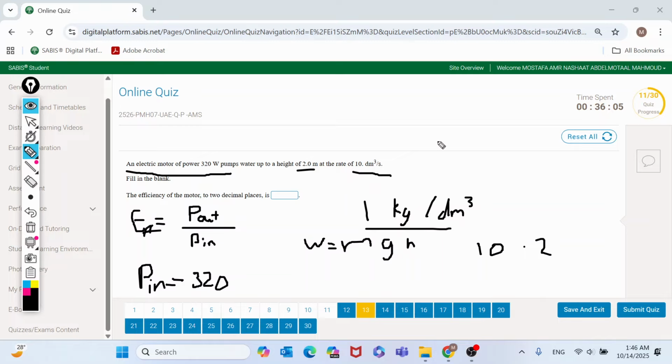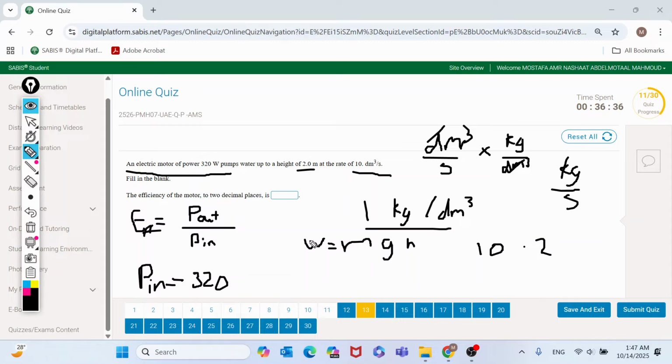And if you think about it, it does make sense, because look, decimeter cubed per second times kilogram per decimeter cubed. If you cancel out the decimeters, you get kilogram per second, yeah?